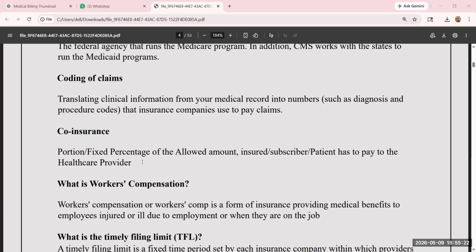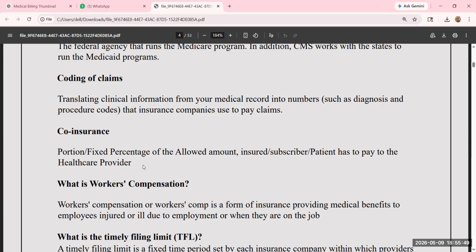For example, if a service requires $100 and the agreed co-pay is $20, then on each and every visit the patient gives $20 to the provider, and then the service starts. The remaining $80 is paid by the insurance company. That amount is called co-insurance.